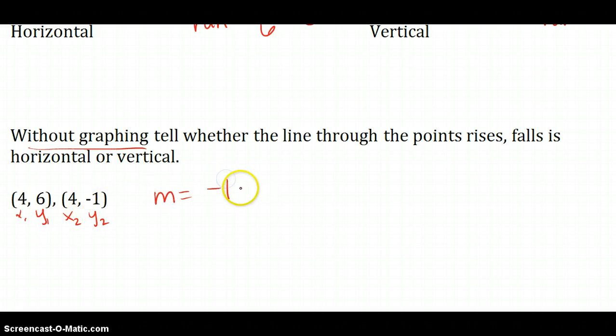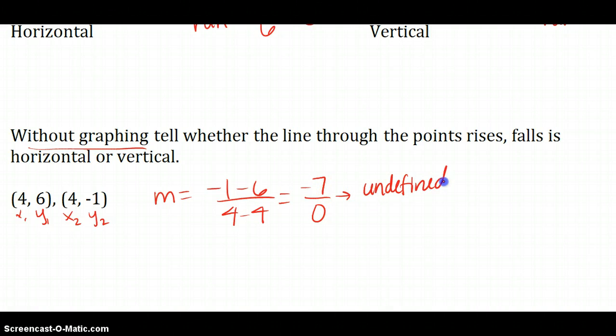So we have -1 minus 6, y2 minus y1, and x2 minus x1, 4 minus 4. And we can already see on the bottom it's going to be 0. And you can never divide by 0. So this has an undefined slope, which means that the line is vertical.